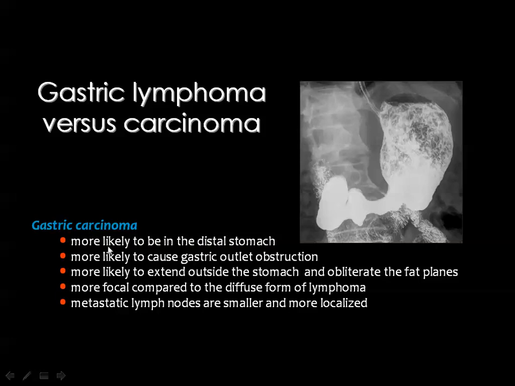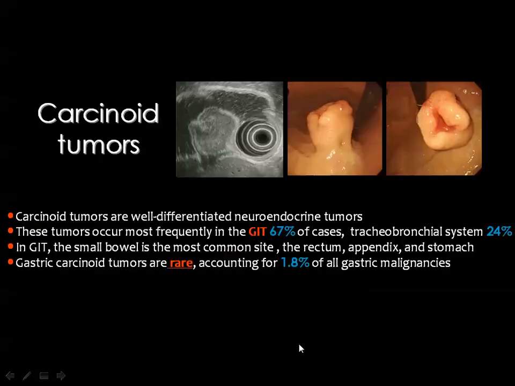Carcinoma is more likely to be in the distal part of the stomach, more likely to cause gastric outlet obstruction, more likely to extend outside the stomach, invading the adjacent structures, and is more focal compared to the diffuse nature of lymphoma. The metastatic nodes from gastric cancer are usually small, more localized, and contain necrotic centers.